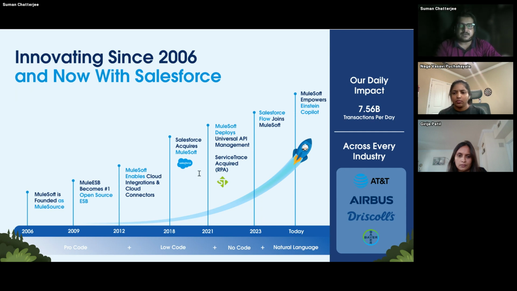Now, this democratization is something huge that has been brought in. With MuleSoft today facilitating close to 7.65 billion customer interaction integration transactions per day, this is a huge number which underscores the achievement that MuleSoft has achieved.